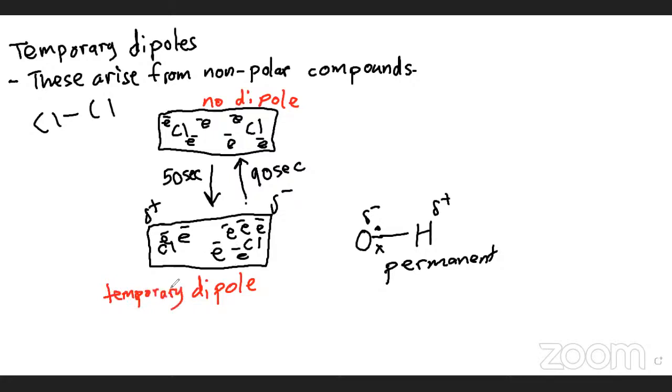So we get our temporary dipole from the random movement of electrons in nonpolar compounds. All right, so that's temporary dipole. The next form of dipole I must explain is induced. All right.